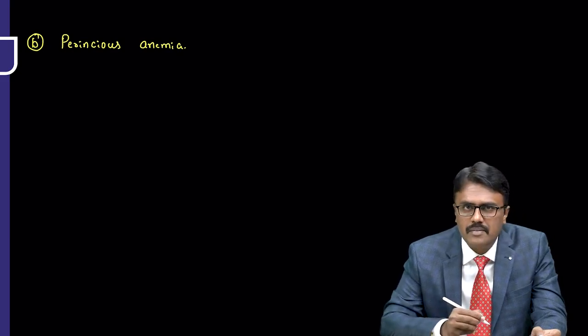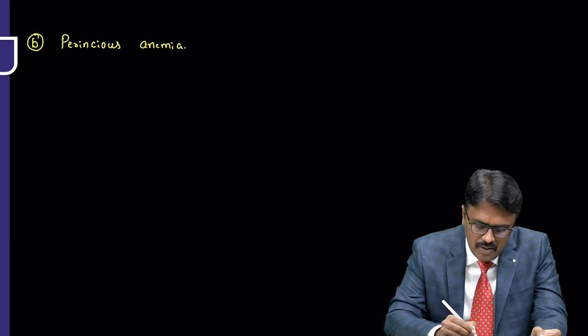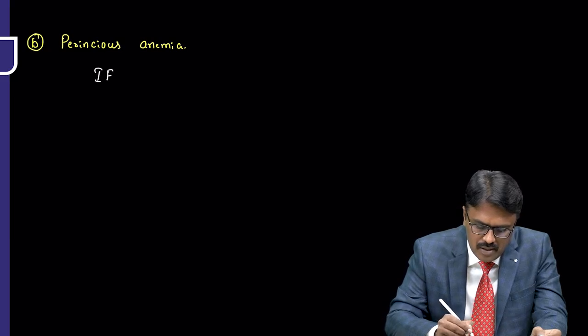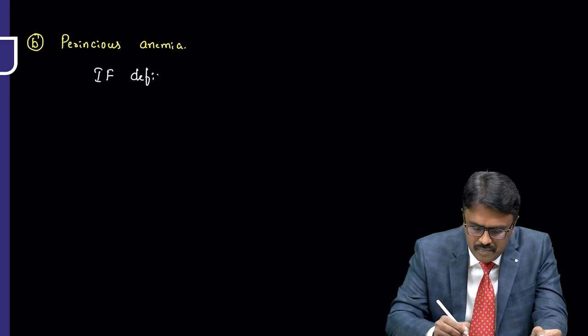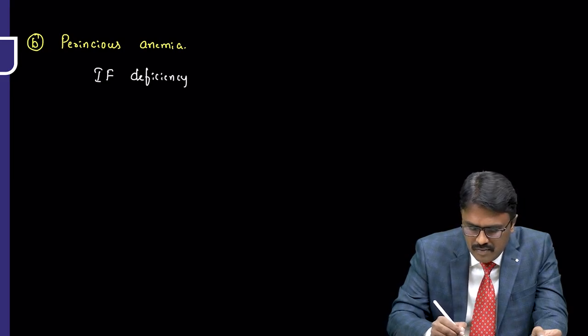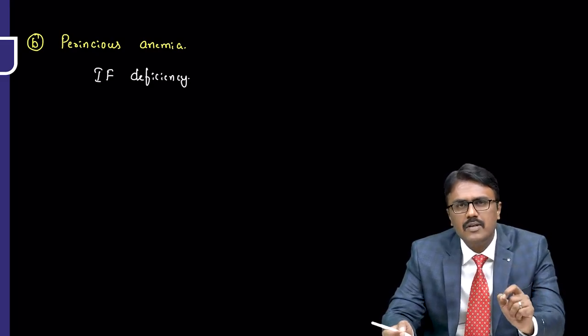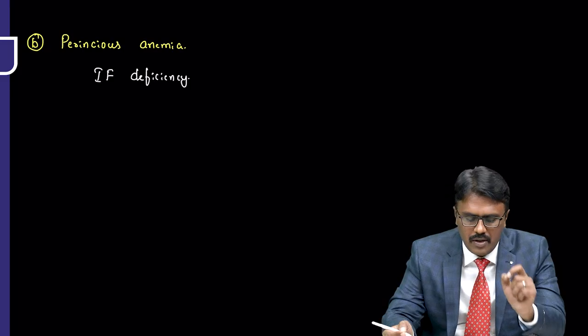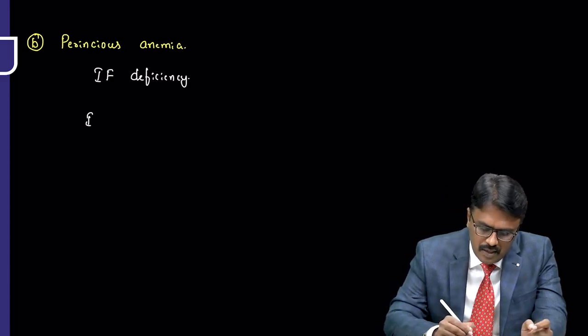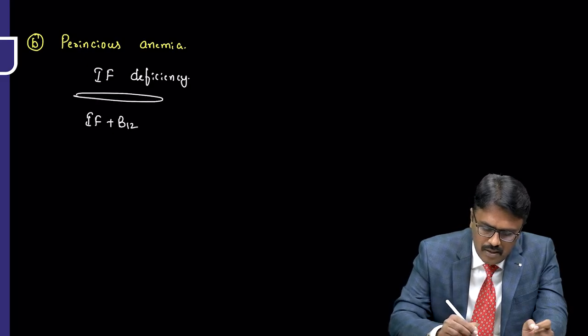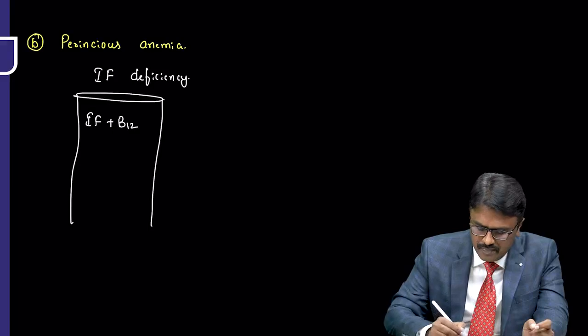Let me explain that. In pernicious anemia, there is a deficiency of intrinsic factor. Now, the parietal cell in the stomach synthesizes the intrinsic factor. I told you, intrinsic factor combines with B12. Let me draw. This is the ileum.